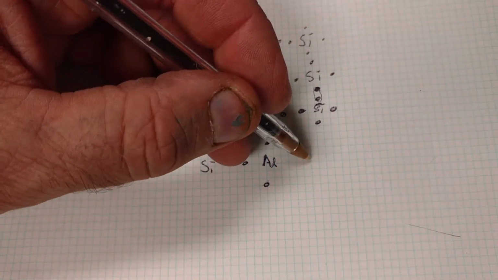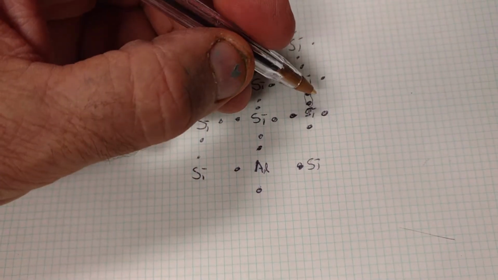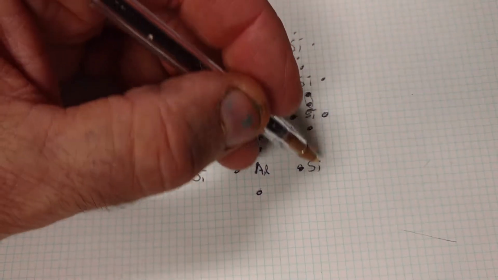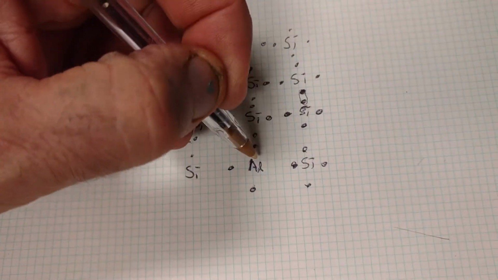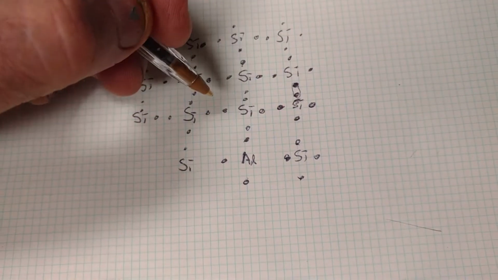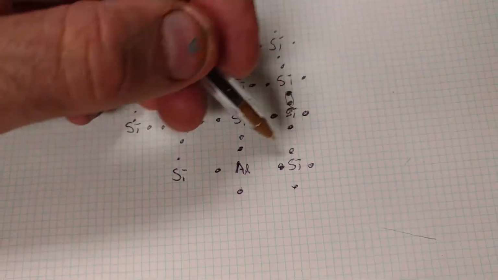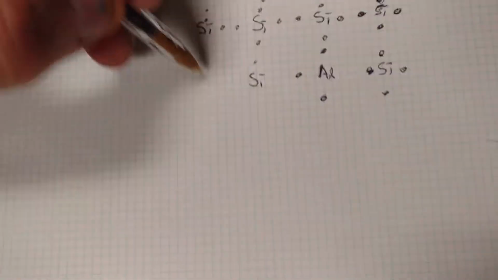Let me go ahead and draw silicon next to it. One, 2, 3, 4. There's nothing here to draw. It's missing. Let me just kind of complete the box here.